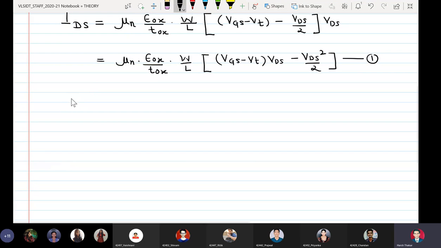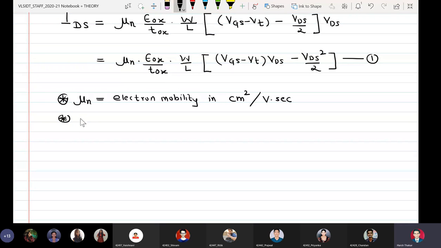and we can define the terms now. Mu n is the electron mobility expressed in centimeter square per volt second. W, L and TOX represent the geometry of MOSFET.